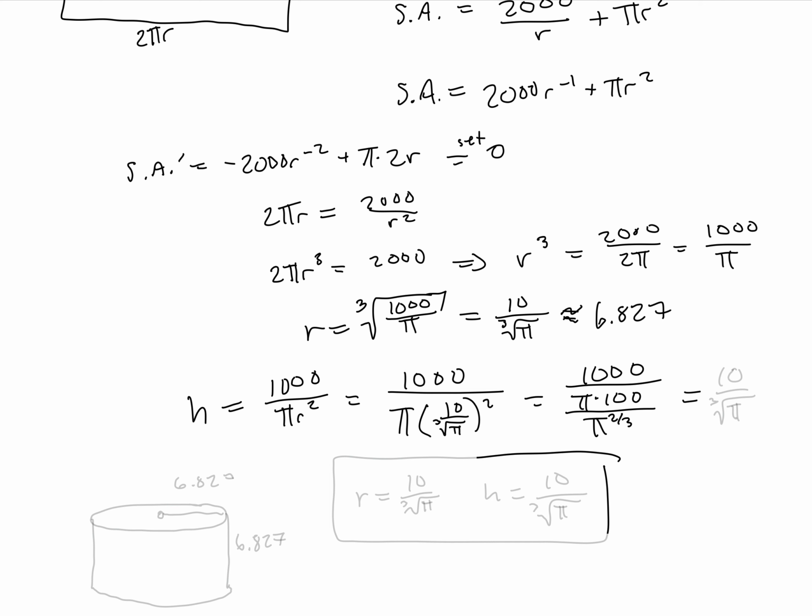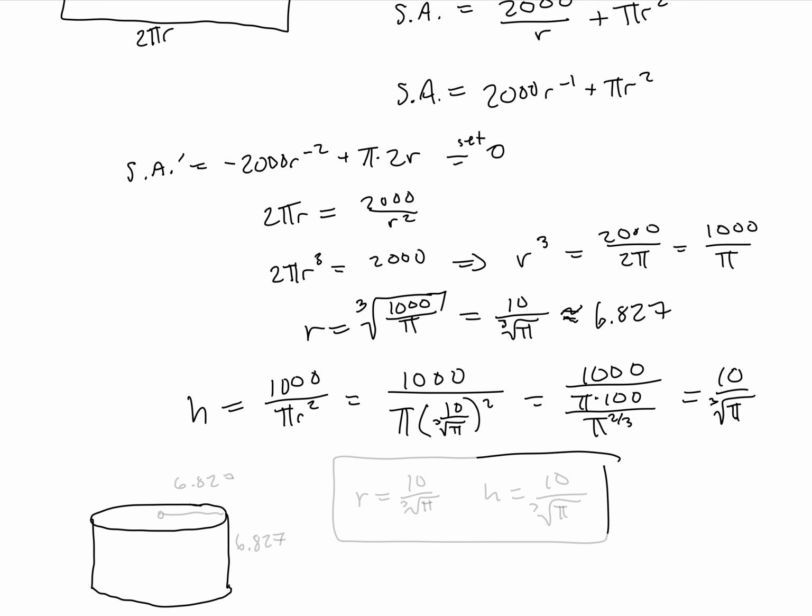And then that simplifies: 1000 over 100 is 10, and pi over pi to the 2/3 is pi to the 1/3, or the cube root of pi. So it so happens that the height and the radius are equal, that they're both 10 over the cube root of pi.